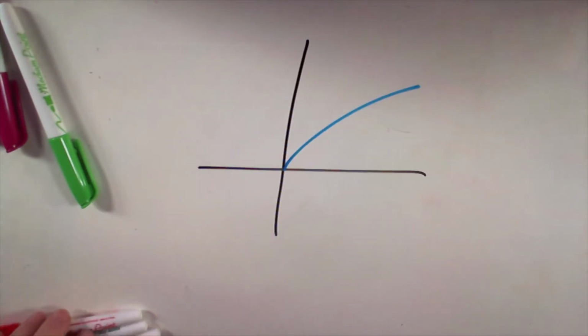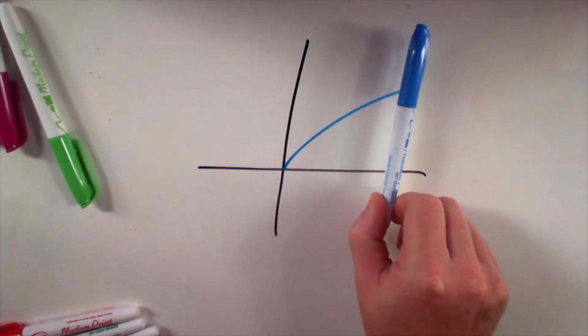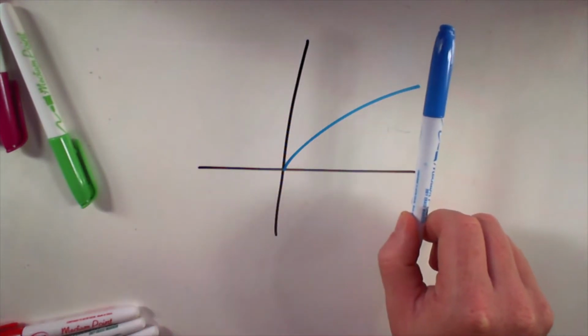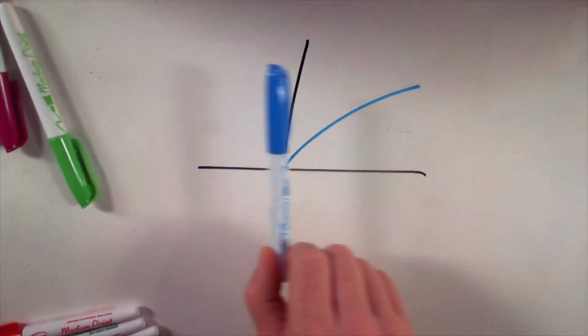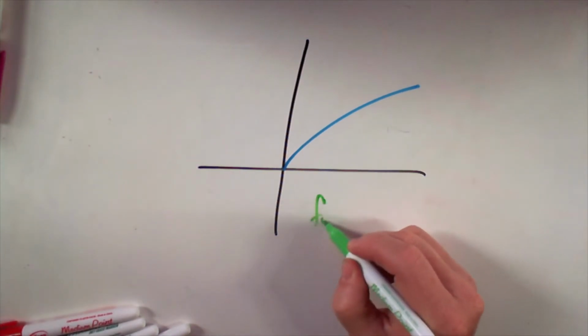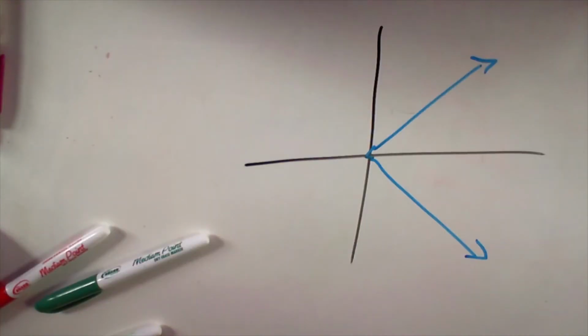So this graph passes the vertical line test, and so this is a function. Again, we run that vertical line along the course of the function, and at any given point, the function is only touching that vertical line at one point. So again, this passes the vertical line test. This is a function. Take something like this.